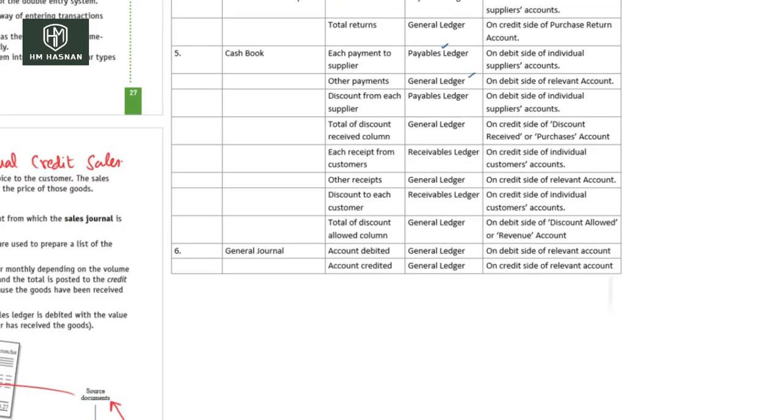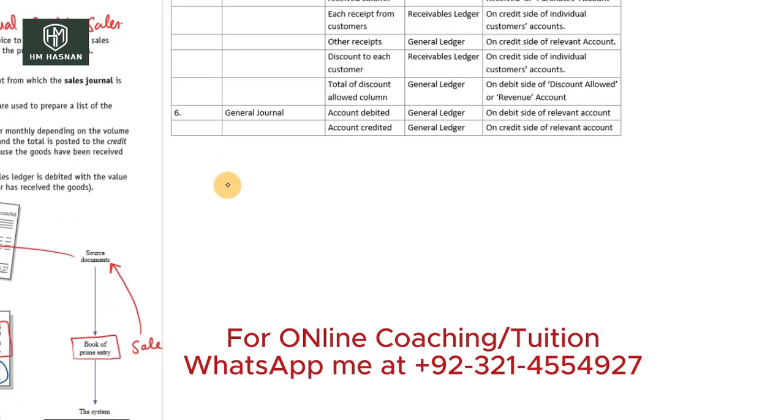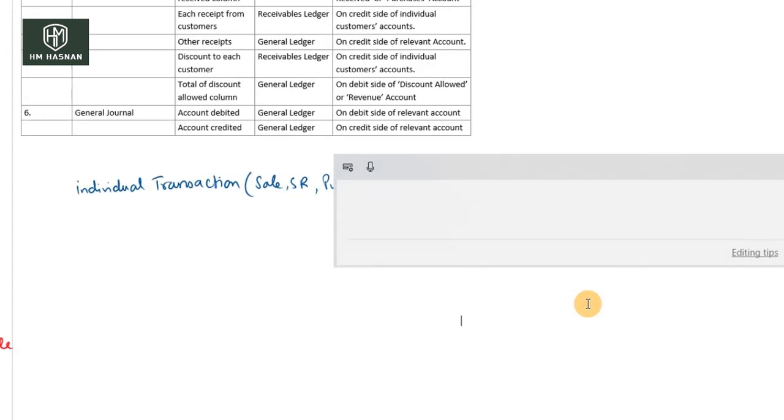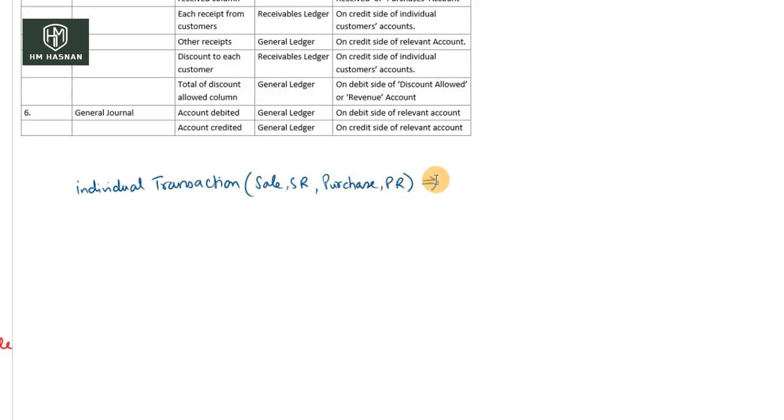Individual transactions, whether related to sales, sales return, purchase, or purchase return, will be recorded in, can you tell me, an individual ledger, and that individual account may be a sales ledger or a purchase ledger.